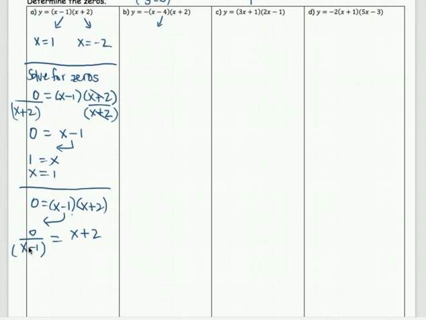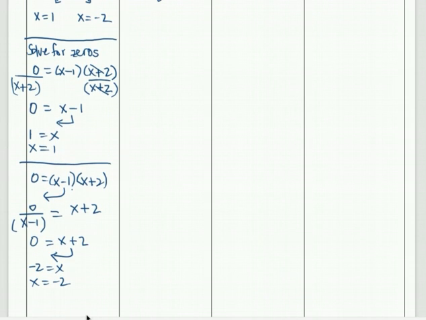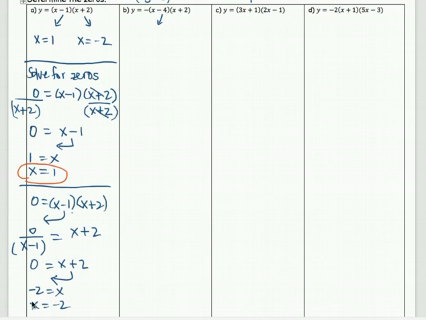So 0 divided by this becomes 0, and then I have x + 2 left. Okay, and then I'll check it over. That becomes -2. X is equal to -2, like that. Okay, so we found our two zeros, aka x-intercepts.